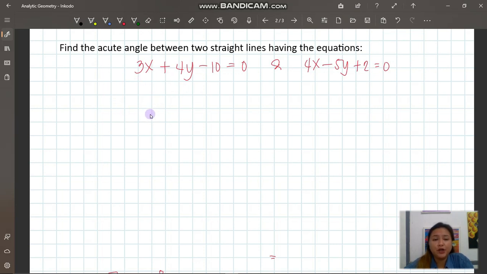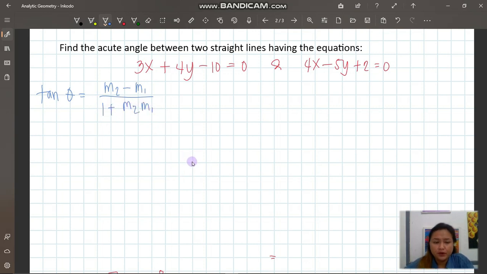To do this, recall that we have a formula to find the angle between two straight lines given the equations, using the value of their slopes. Remember, we have tan theta is equal to m2, where m is the slope, so the slope of one of the equations, minus m1, over 1 plus m2 times m1.